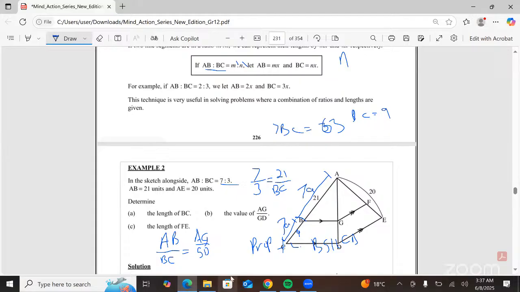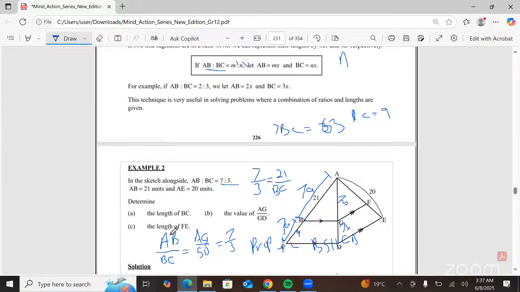What was the ratio for AB over BC? 7 over 3, so this will also be 7 over 3. You can give it the variable: 7b over 3b.